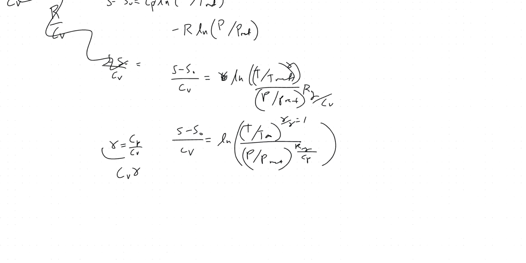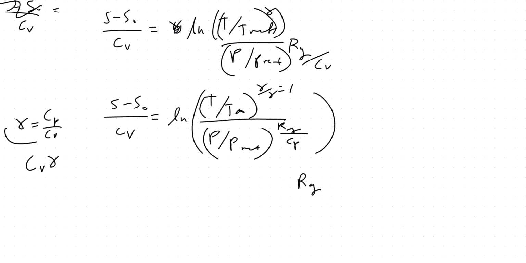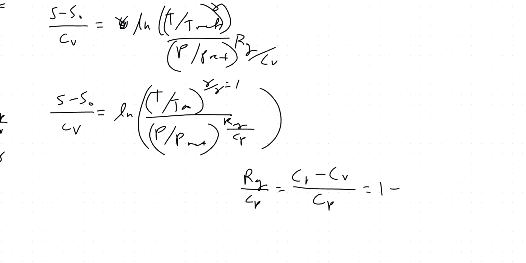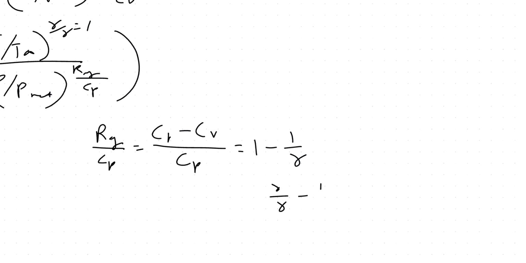I don't think so. So with that said, we can do RG divided by CP equals CP minus CV. CP equal 1 minus 1 divided by alpha, right? Which tells you alpha divided by alpha minus 1 divided by alpha equal alpha minus 1 divided by alpha. Beautiful.